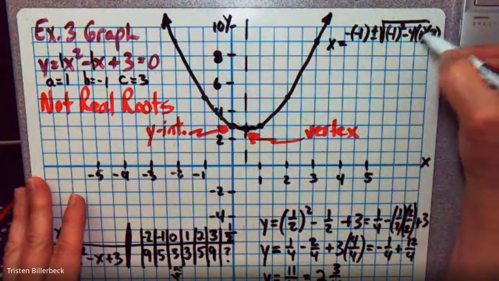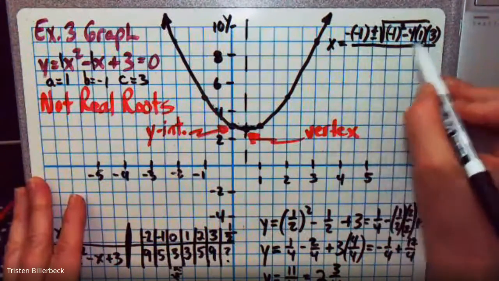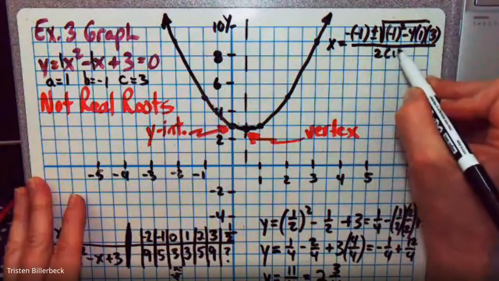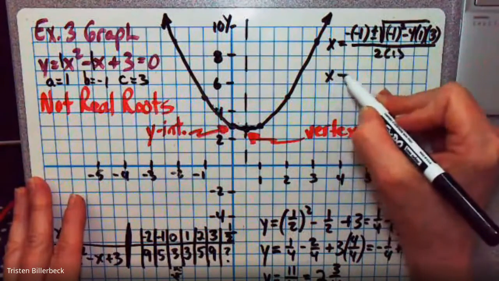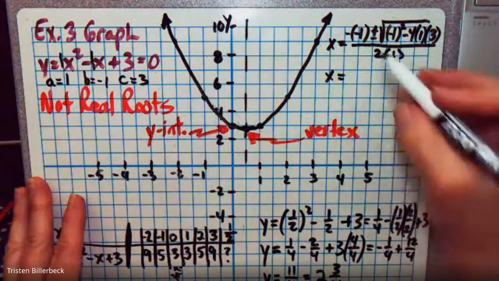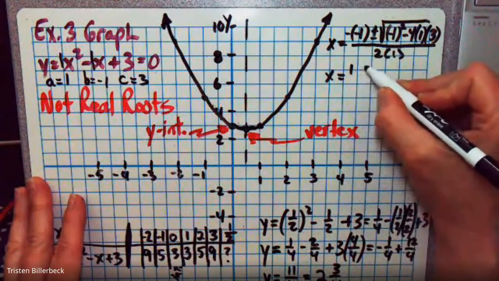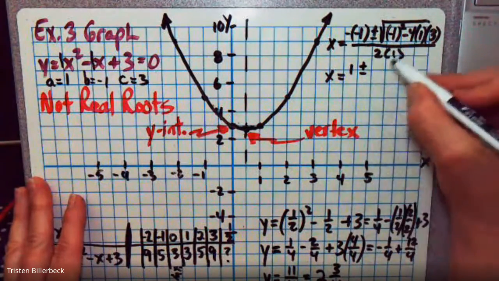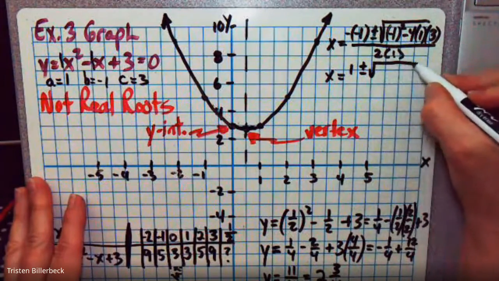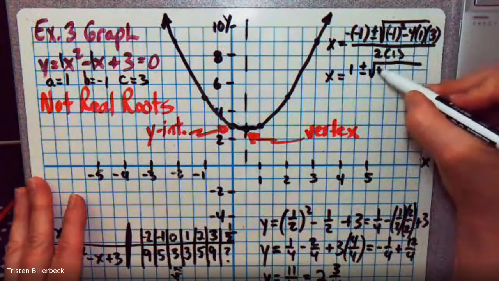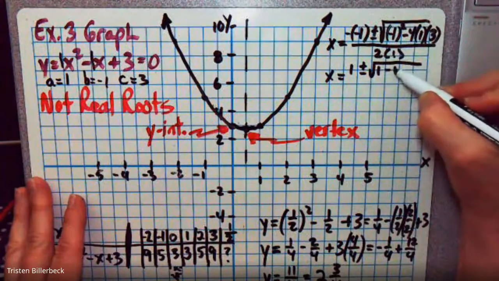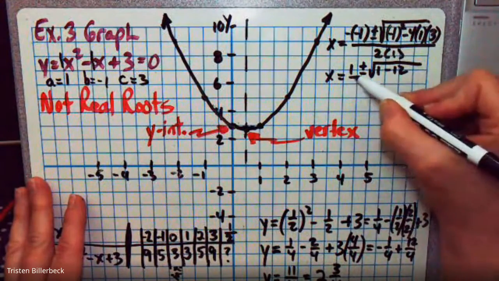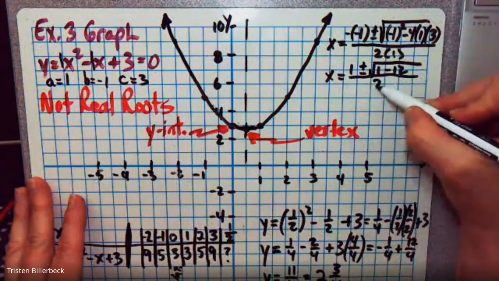So 4 times A times C, all over 2A, which is 2 times 1. So then we have X equals, this becomes 1 plus or minus, and then in here is where it starts getting interesting. We have 1 minus 12, all over 2.